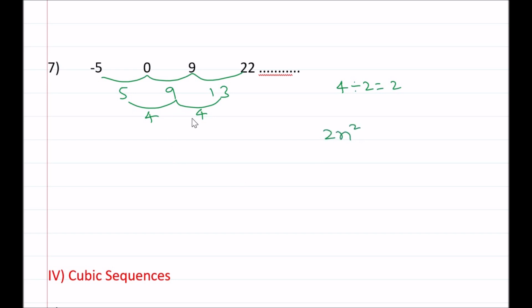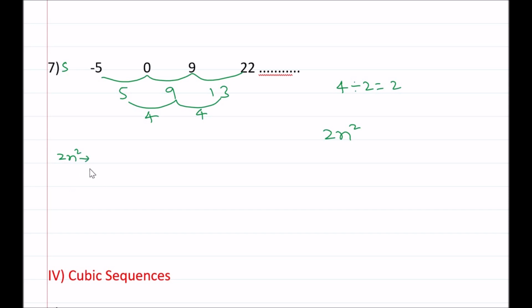If 6 comes here as the second difference, then 6 divided by 2, that is 3n square, will come. Understood? Okay. This is the sequence, right? Now let us find 2n square, because 2n square is part of this.